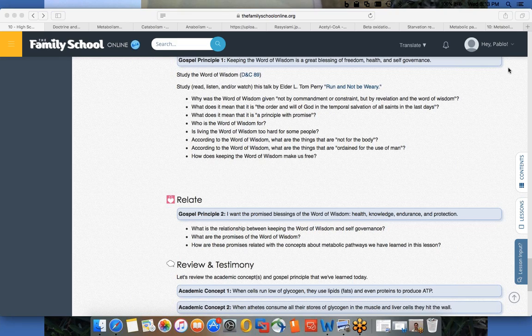I just wanted to share that I know that if we do our best to not give in to peer pressure when your friends, who are probably not the best influences, offer you drugs or things that are against the word of wisdom, if you make a conscious decision before, like right now, that you will not give in, you will be stronger than if you decide right as they ask you.